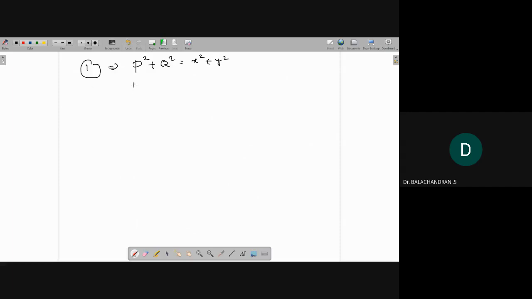From this you can write capital P square minus x square equal to y square minus capital Q square equal to some a square, because everywhere you have a square, that's why I will take a square. So from these two, P square equal to x square plus a square, so P equal to root of a square plus x square, and y square minus Q square equal to a square.